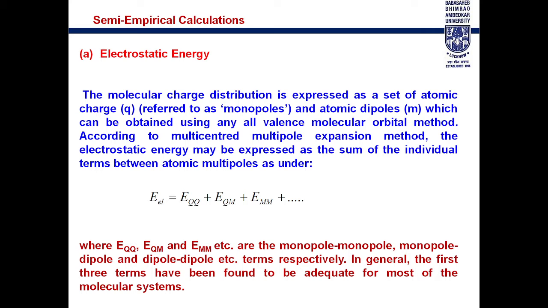According to the multi-centered multipole expansion method, the electrostatic energy may be expressed as the sum of individual terms between atomic multipoles as under: E electrostatic is equal to EQQ plus EQM plus EMM and so on, where EQQ, EQM, and EMM etc. are the monopole-monopole, monopole-dipole and dipole-dipole terms respectively. In general, the first three terms have been found to be adequate for most of the molecular systems.